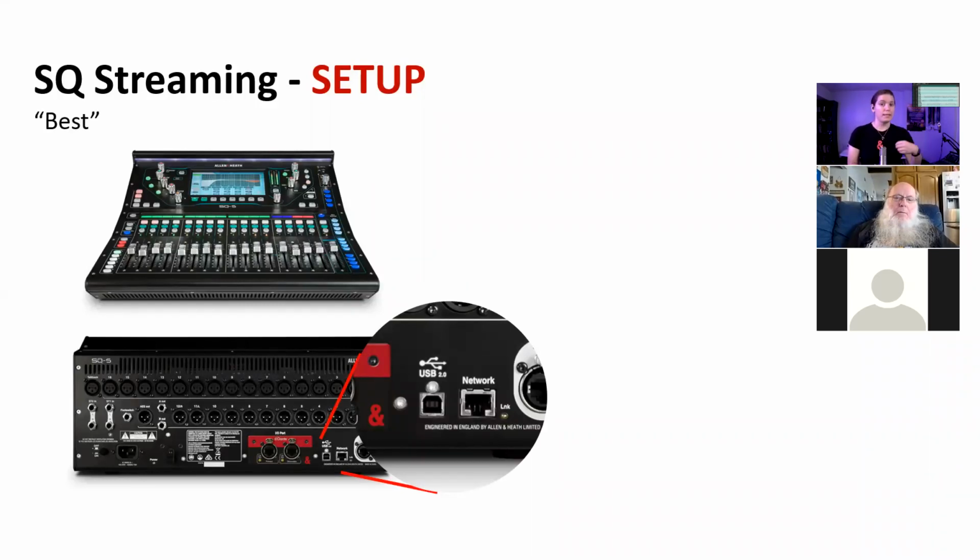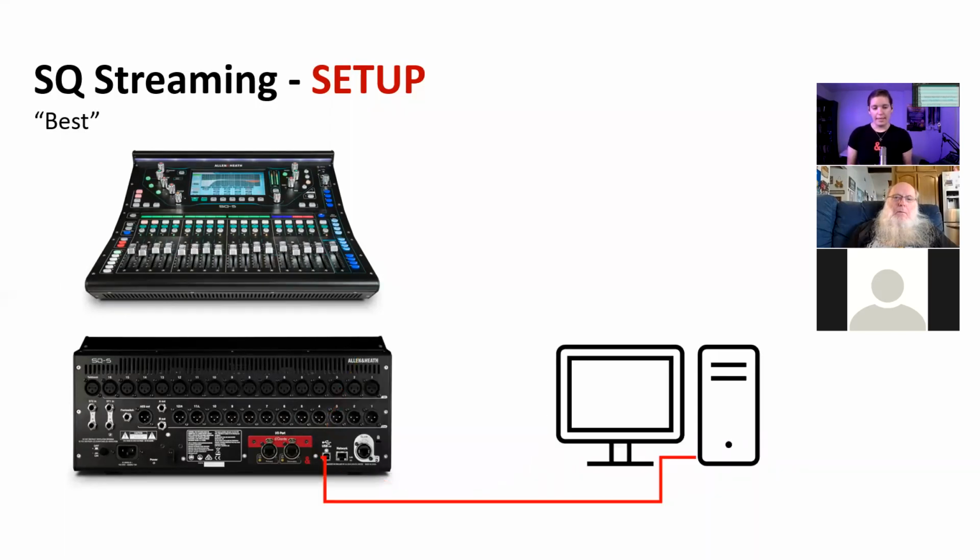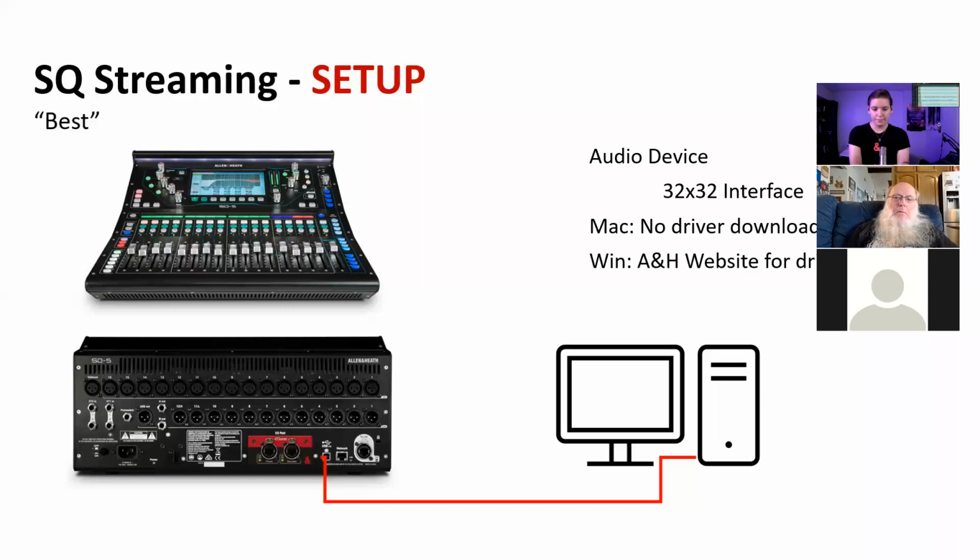That is called USB-B. The USB port that we're all used to looking at is called USB-A. We can use that to plug into pretty much anything that will accept a USB input or output. So let's say we take that USB cable and plug it into a computer of some kind. It could be a laptop, it could be a PC, anything that can accept USB information.